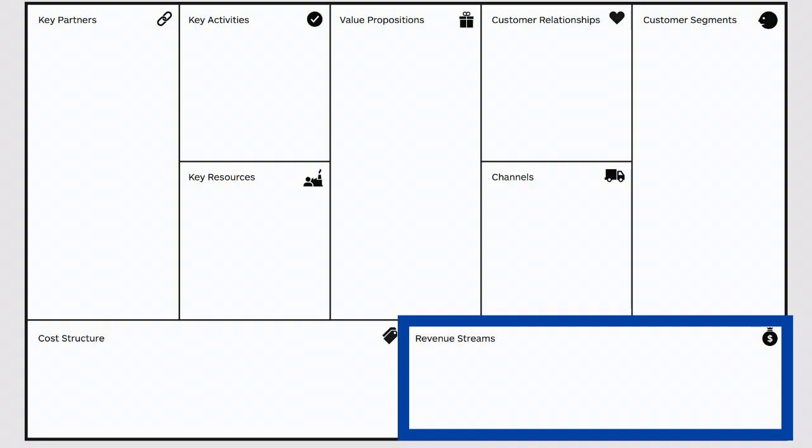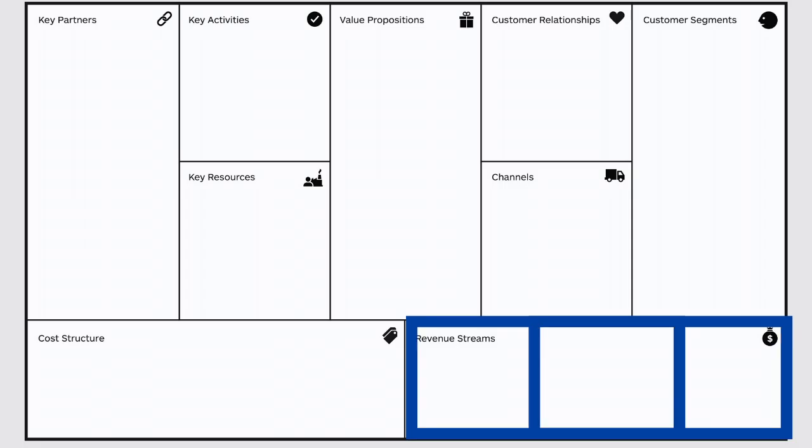One customer segment might be in a geographic area that's closer to the area where we produce the product, therefore lowering the delivery cost that would yield a better margin. So we may need to break that revenue stream area up into smaller boxes to talk about the revenue.